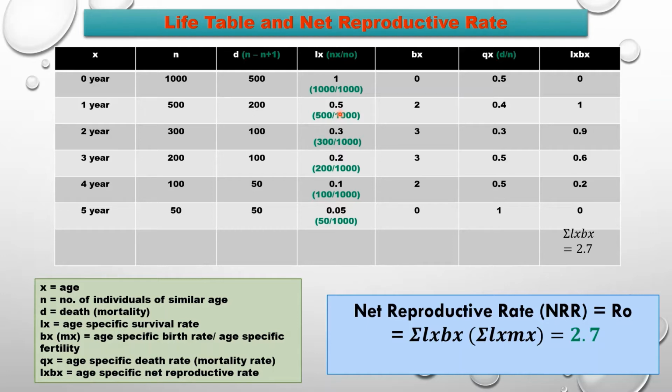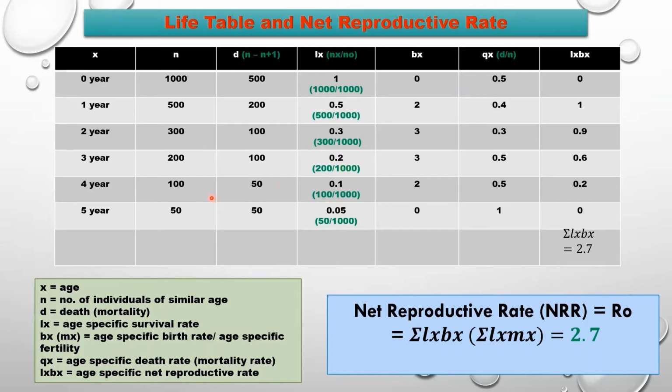In 2 year, LX is 0.3 because here NX is 300 and N0 is 1000. So 300 by 1000, 0.3. For 3 year, NX is 200 and N0 1000. 200 by 1000, 0.2 is LX in 3 year.